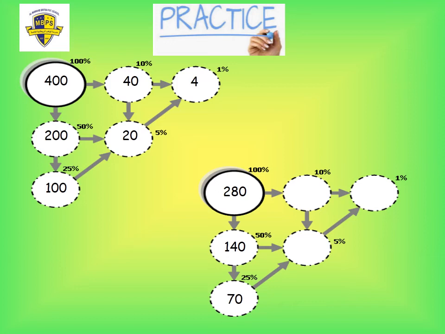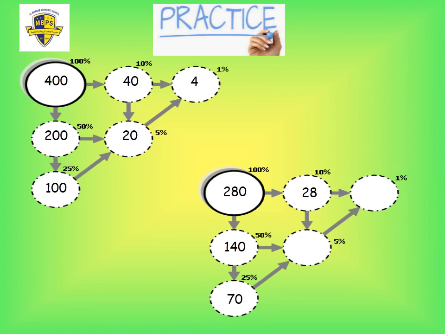Let's complete. We want now to find 10% of 280. 10% means divide by 10. So 280 divided by 10 equals what? Excellent, 28. Now we have 28, to find 5% of 280.